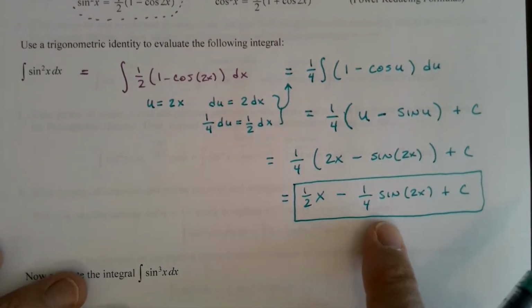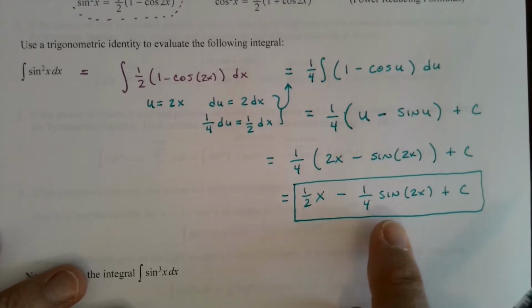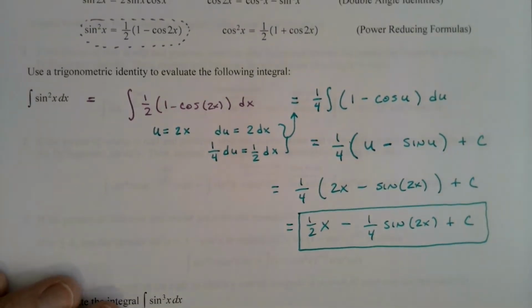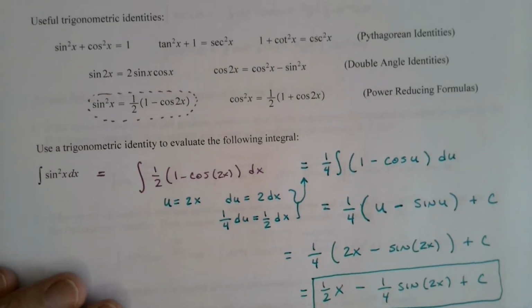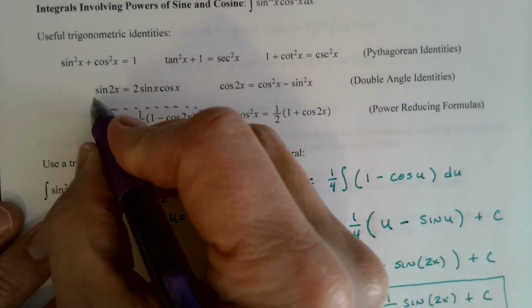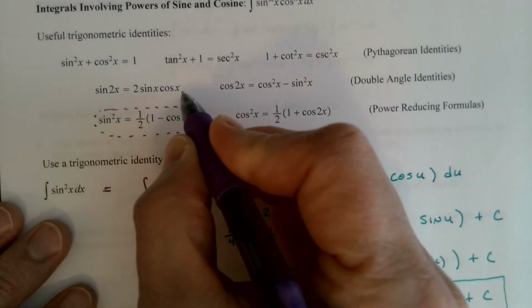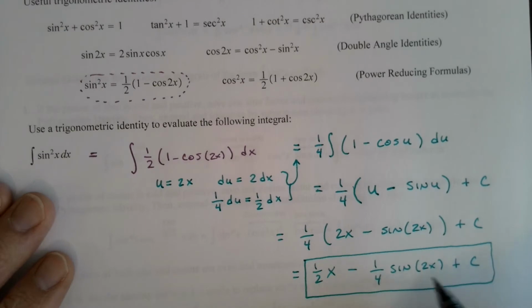Now, this is one form, but there's another form because, again, that's where it gets a little tricky. These trig identities, take a look at this double angle identity for sine of 2x. Notice we have a sine of 2x here.